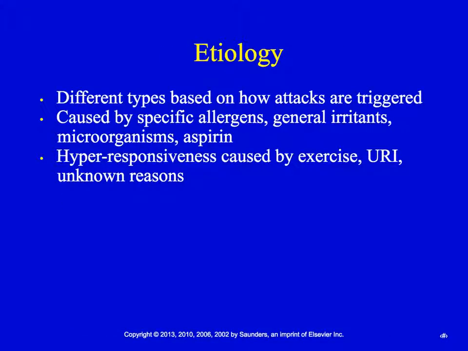So talking about the etiology of asthma a little bit further. Typically, patients with allergic asthma have a history of other allergies. So, there are people who are already hypersensitive to environmental things. Other environmental pollutants can trigger asthma attacks, such as tobacco smoke, gases, nitrogen dioxide, things like that.